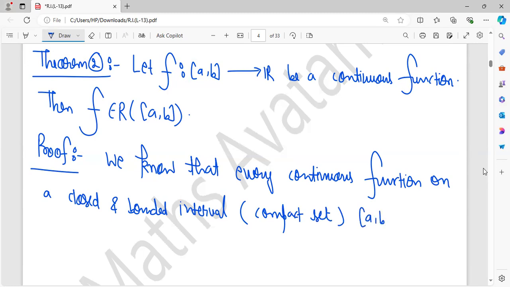Closed interval [a,b] is compact, F is continuous, so F is bounded.